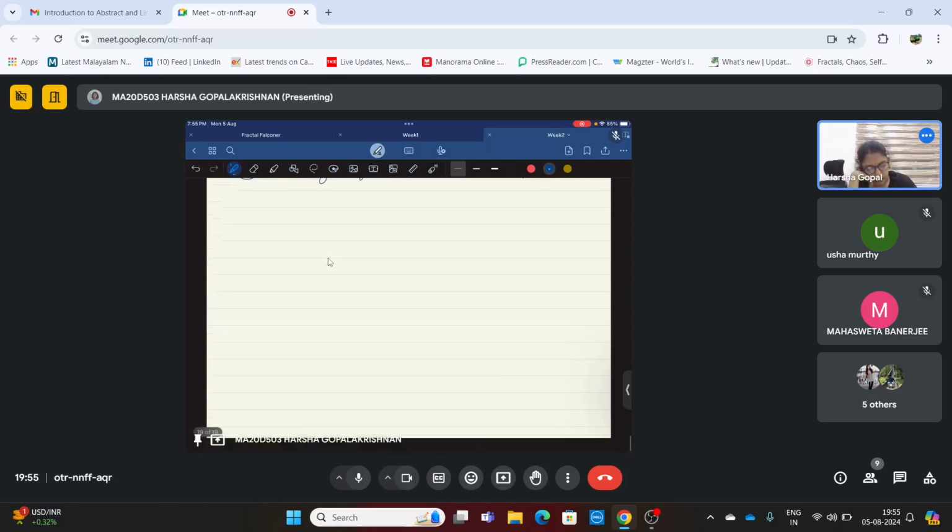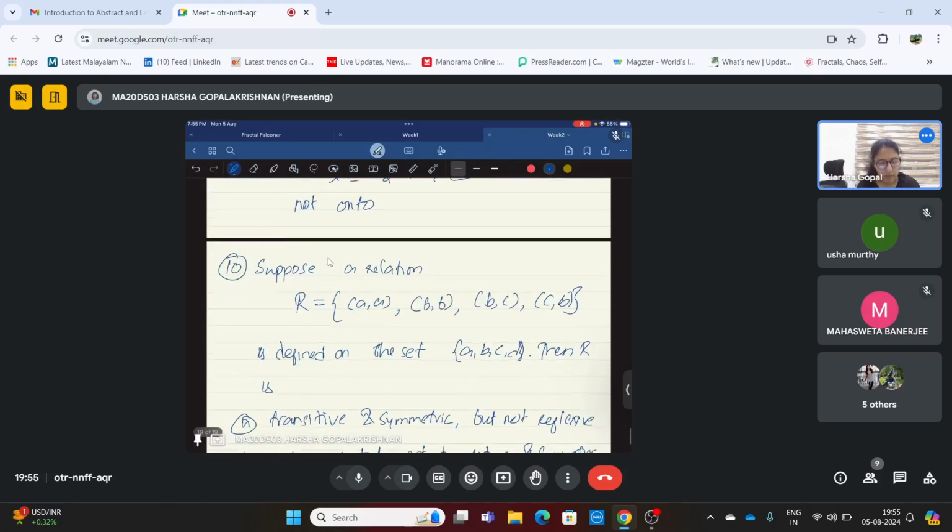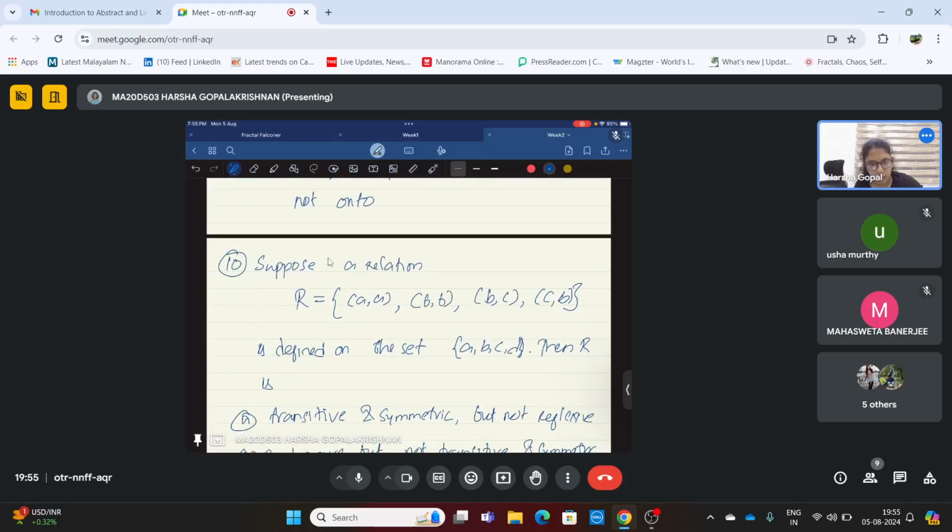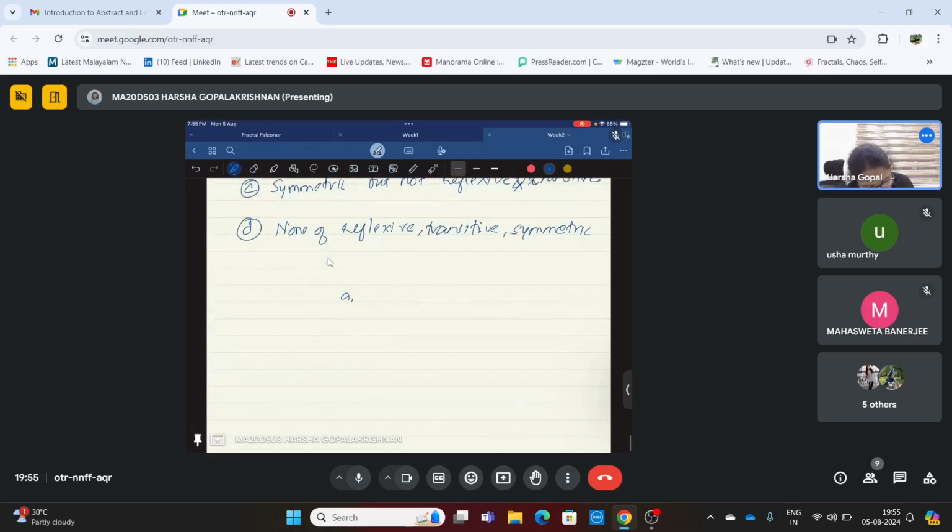Reflexive means, okay, let me rewrite it. It is given in the set ABCD, a relation on this set.